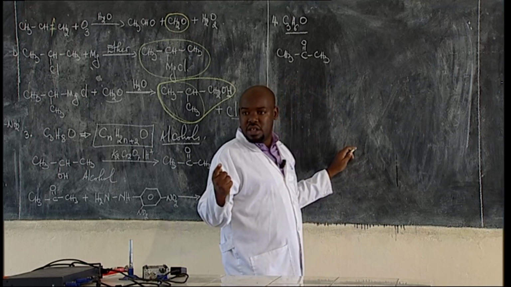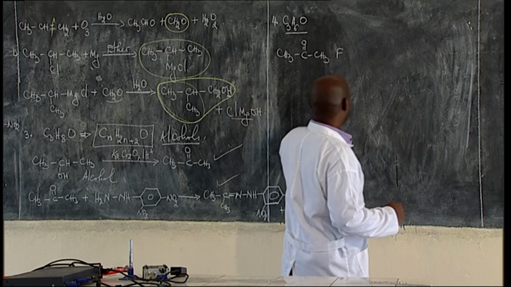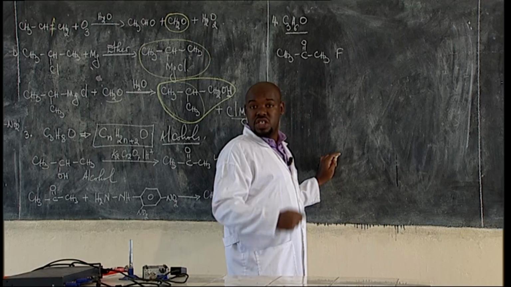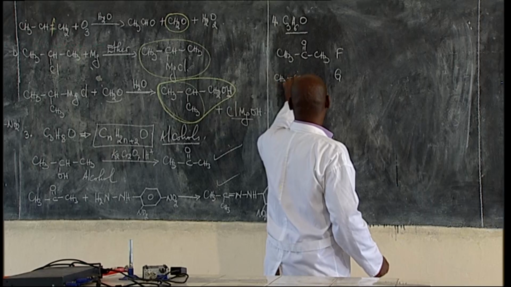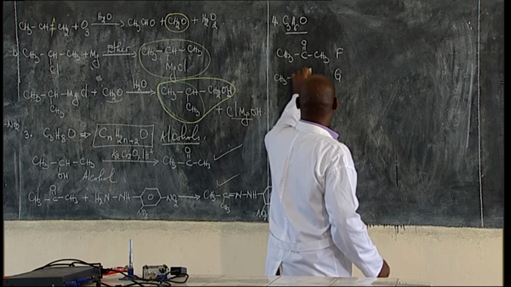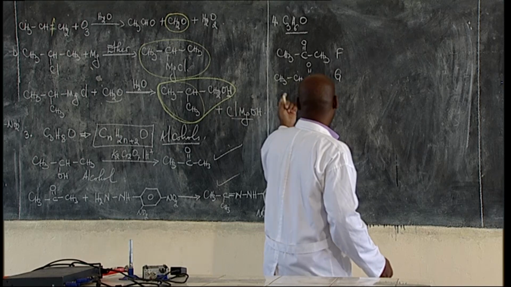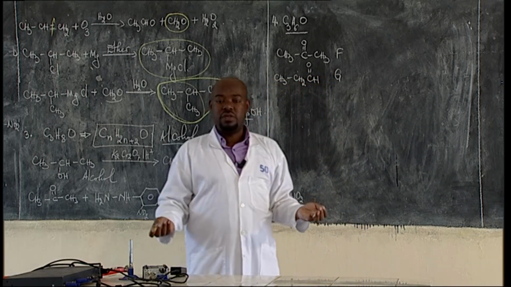And that is F. And it is said G is an aldehyde. So some questions may be very easy. You read them and immediately you get the answer. And G, that is the aldehyde, it can only be CH3CH2CHO. Only this one. There is no other alternative.